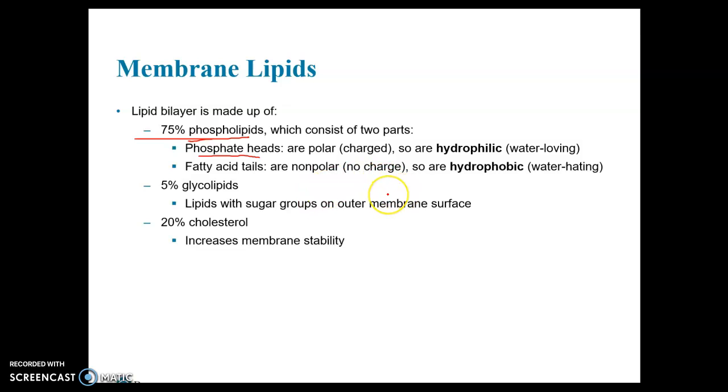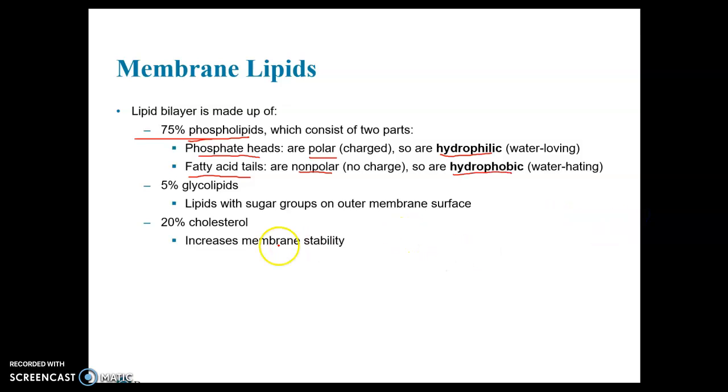So the phosphate heads will face either outward toward the watery environment surrounding the cell or inward toward the watery environment inside the cell. Phosphate heads are polar and hydrophilic, and then the fatty acid tails face toward each other so they don't contact water. They are nonpolar, and since they are insoluble in water, we call them hydrophobic or water-hating.